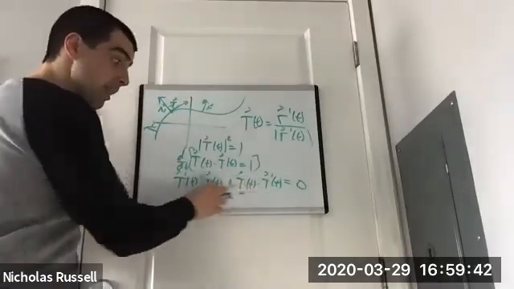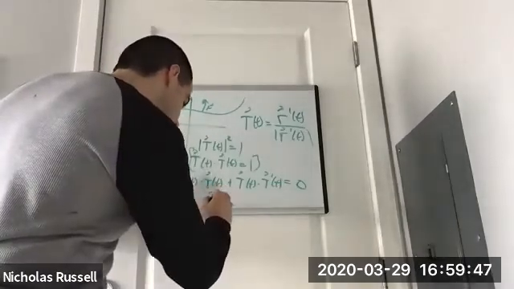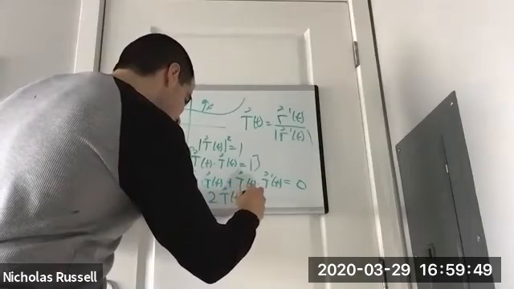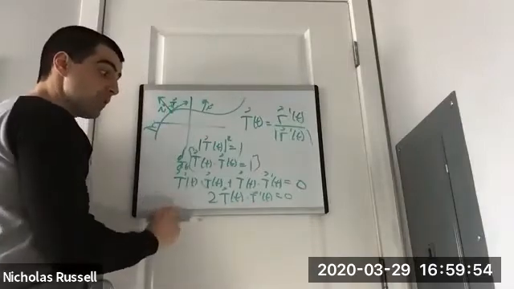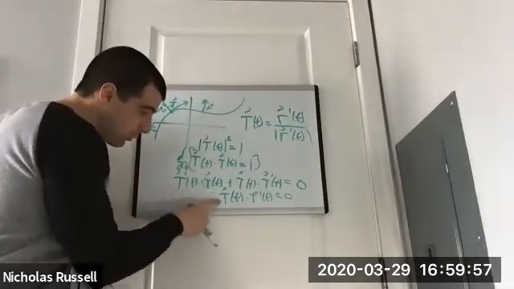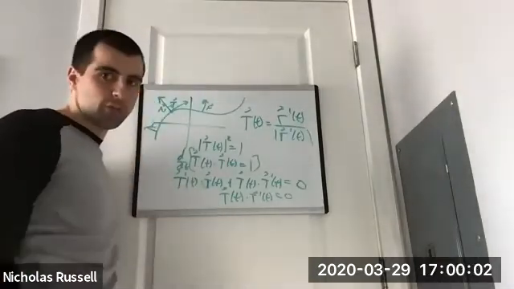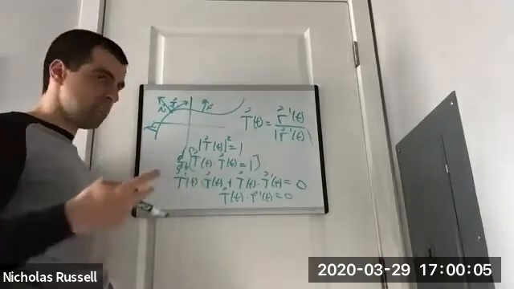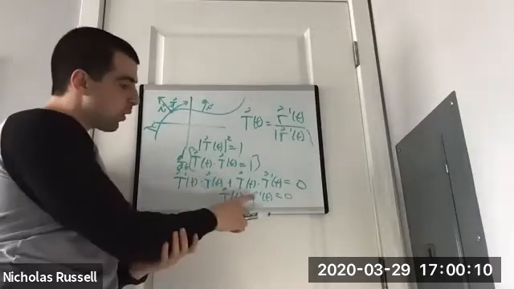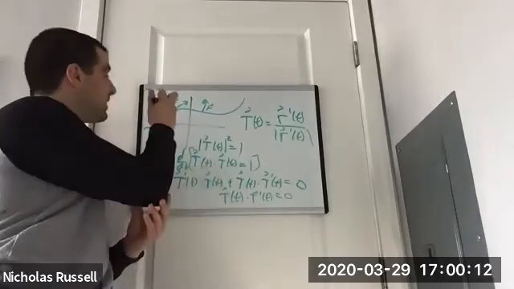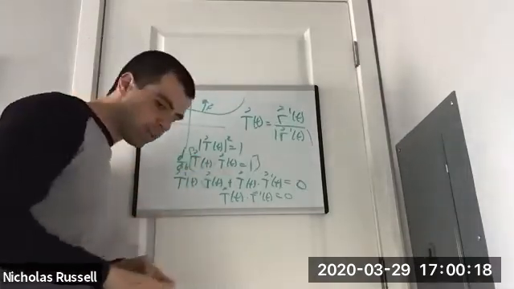It's going to be the same thing because the dot product is commutative. So I get two of them: the dot product of the tangent vector and its derivative is 0, and therefore I can get rid of this 2. The dot product between the tangent vector and the derivative of the tangent vector is 0. So what does that mean? The dot product of two things is 0, so they have to be orthogonal. And therefore, the derivative of the tangent vector is in the direction of the normal vector. It's kind of cool. So that's why we can do that.